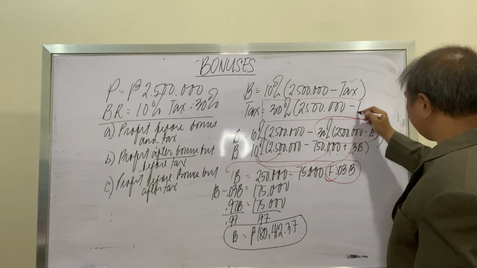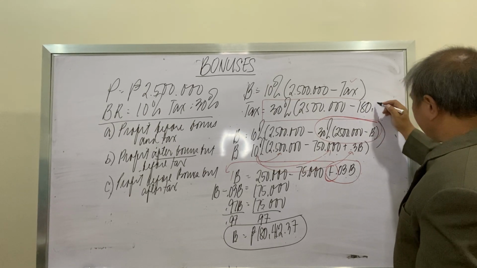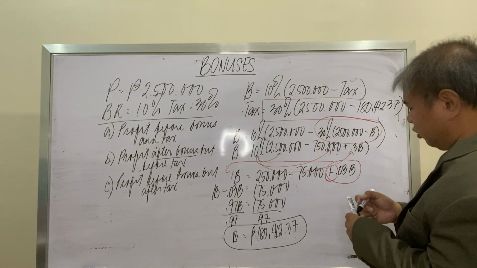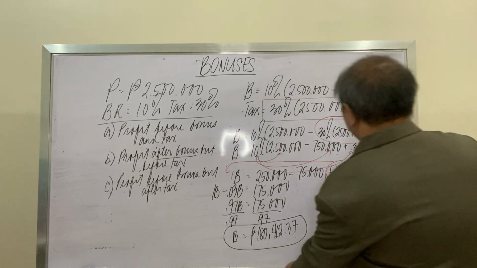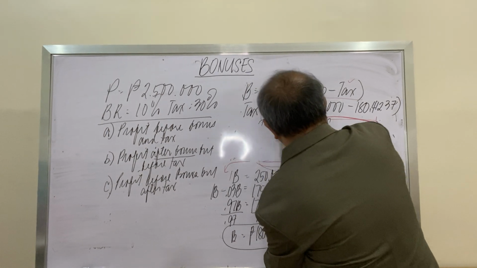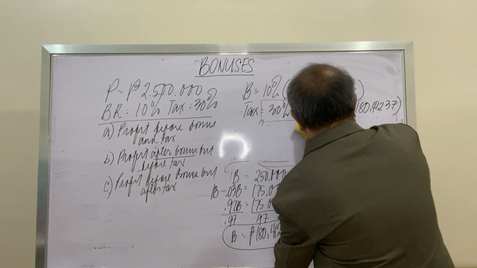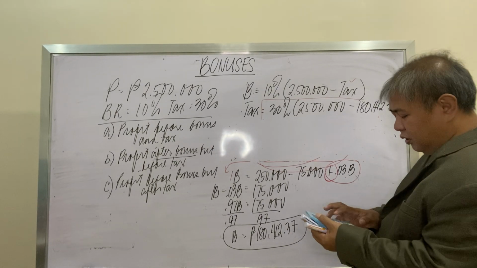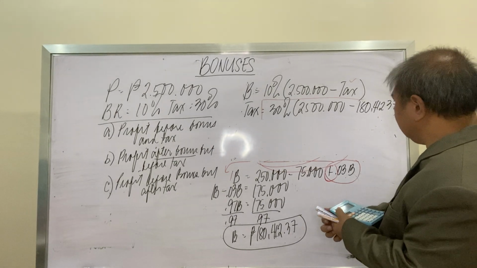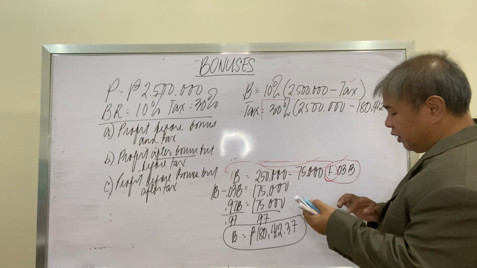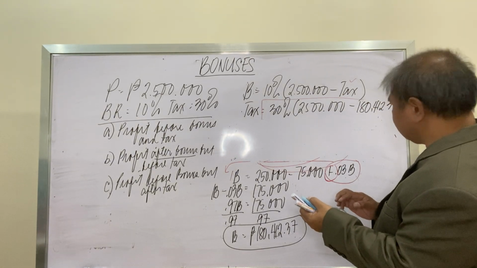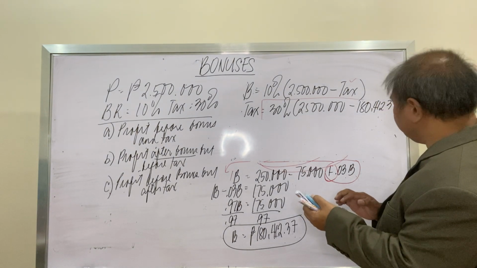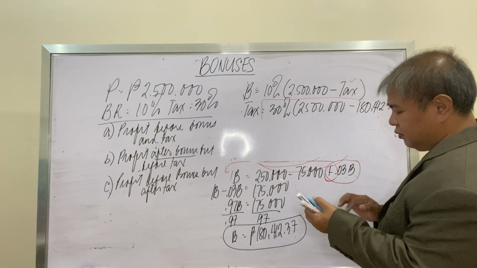So that would be minus 180,412.37. Okay, so therefore the tax will be, let me erase this. Okay, so therefore, the tax will be 2.5 million minus 180,412.37.